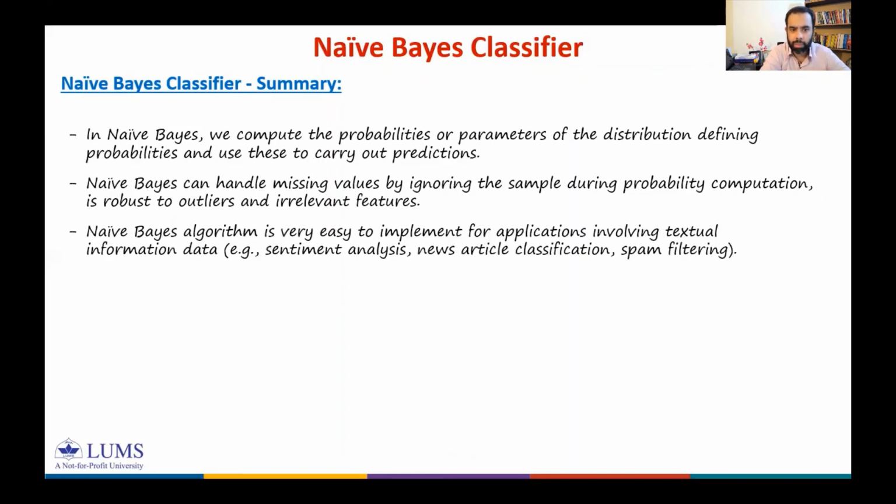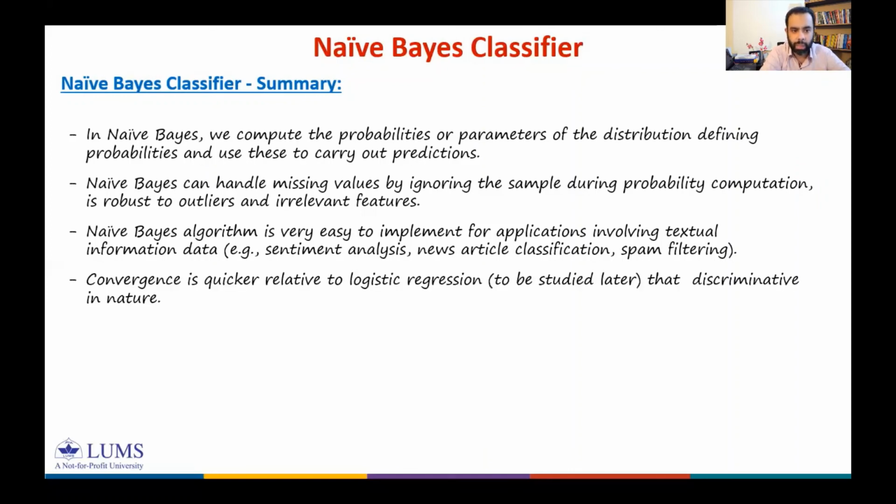The Naive Bayes algorithm is very easy to implement for applications involving textual information, for example spam filtering, sentiment analysis, or news article classification. Naive Bayes gives very good performance for these classification tasks.